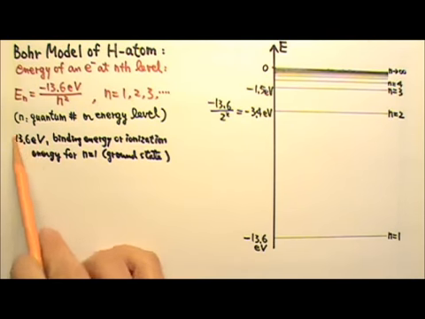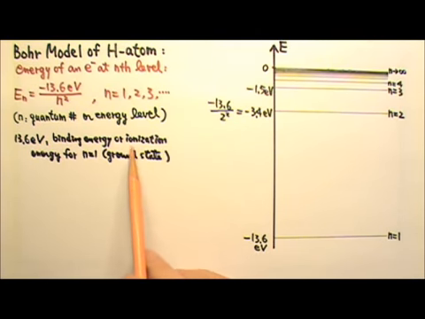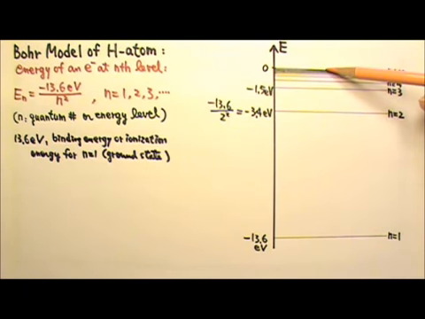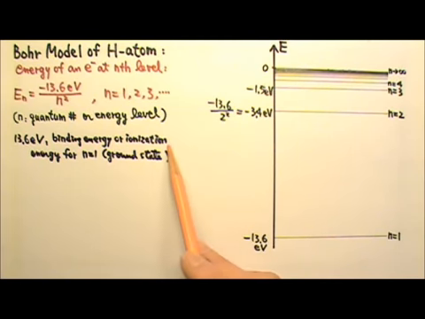The 13.6 eV is the binding energy or ionization energy for n equals 1, the ground state, which means if an electron is at the ground level, we will need to provide 13.6 eV to bring that electron to E equals 0, so that electron can be freed and leave the atom, and therefore the atom becomes ionized. That's why it's called ionization energy.